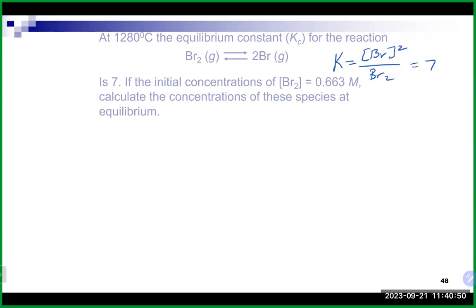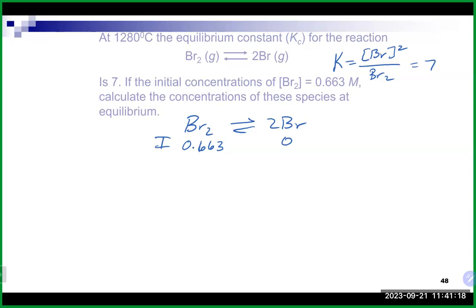At this point, we can do our ice table, which, as I think I mentioned last time, in this class you almost can't go wrong trying at least an ice table on a lot of things that we do. We're going to initially put in our concentration of Br2, which was the only thing given to us, at 0.663. And since nothing was given to us in terms of Br minus, we can safely assume that it is 0.